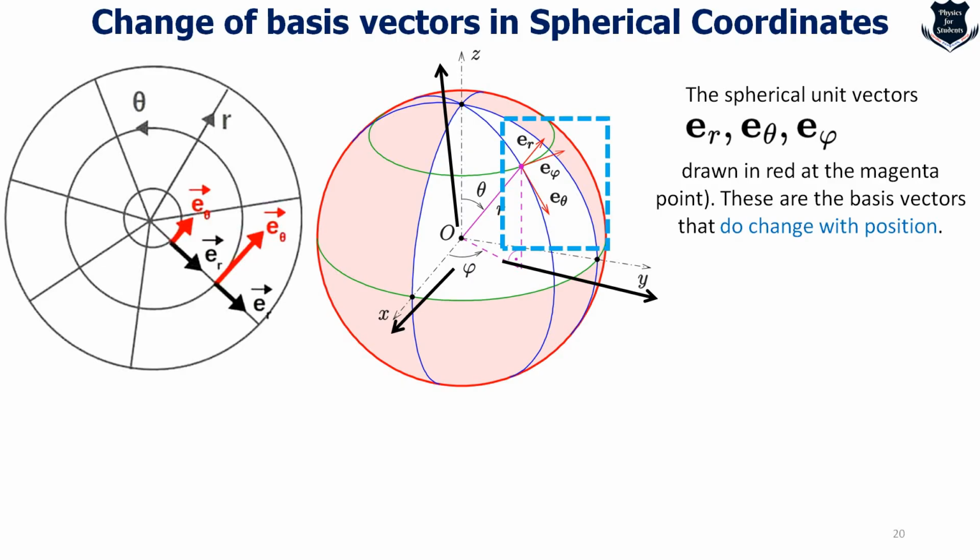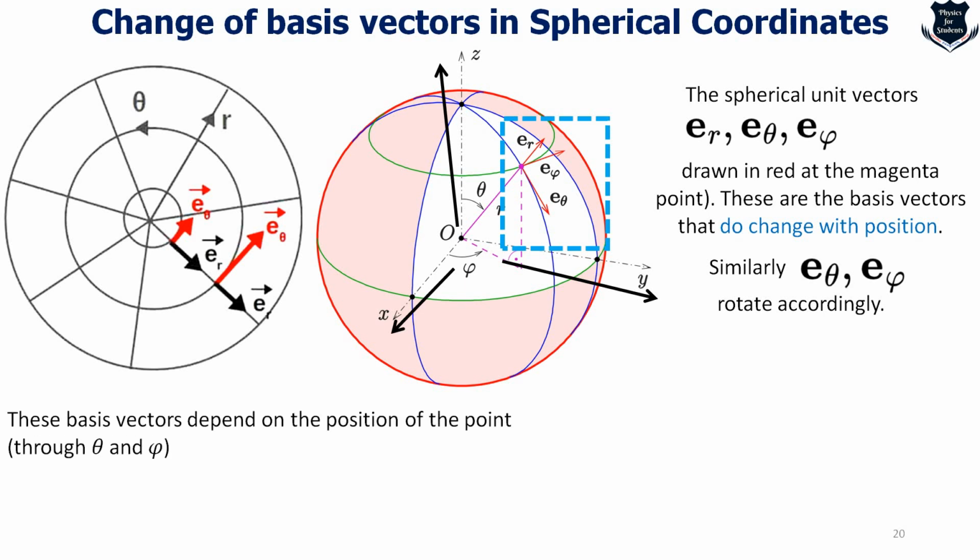So e r, as you can see from here, points radially outwards from the origin. E theta points in the direction of increasing polar angle, and e phi points in the direction of increasing azimuthal angle, which is phi. So from here we can rotate e phi and e theta accordingly.